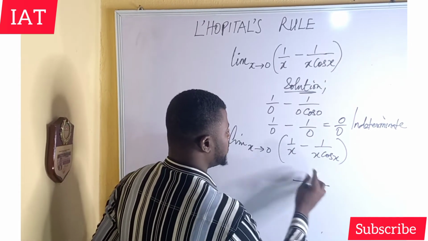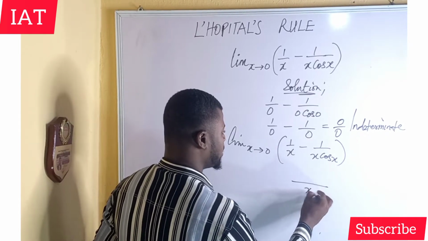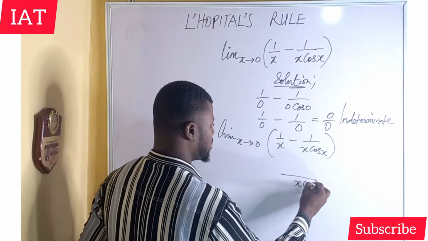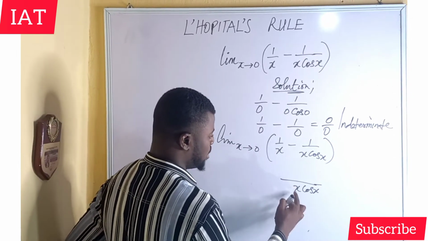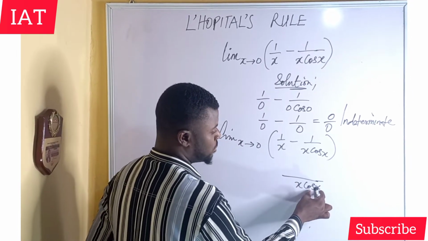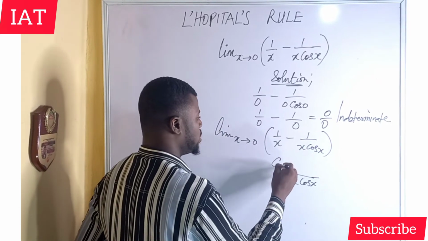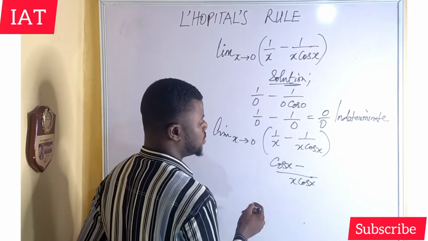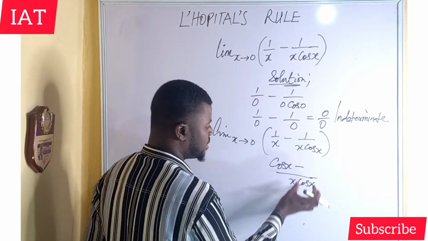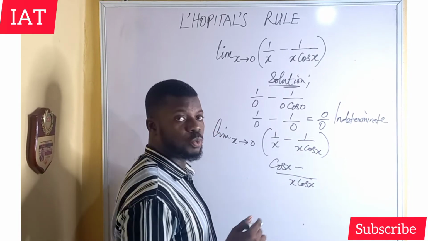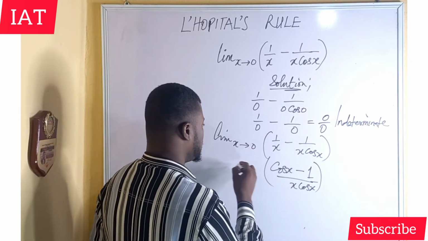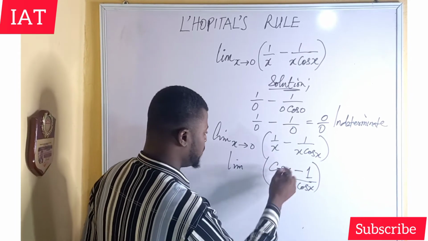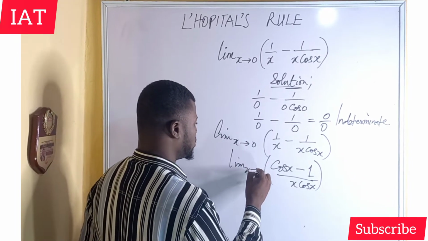Here x goes into this, x will cancel out with x, all we are left with is cos x. Cos x times 1 is cos x, minus the whole of x cos x divided by x cos x, that is 1, and 1 times 1 is 1. So we are having the limit of the whole of this as x tends to 0.